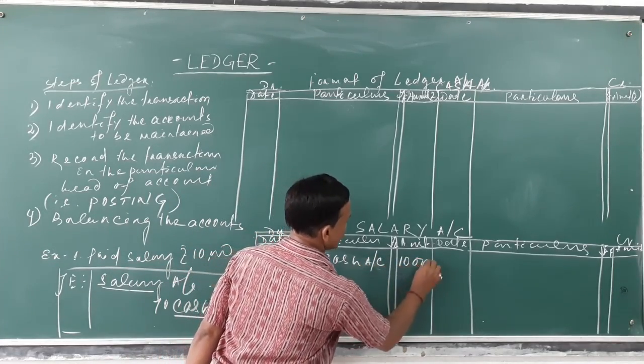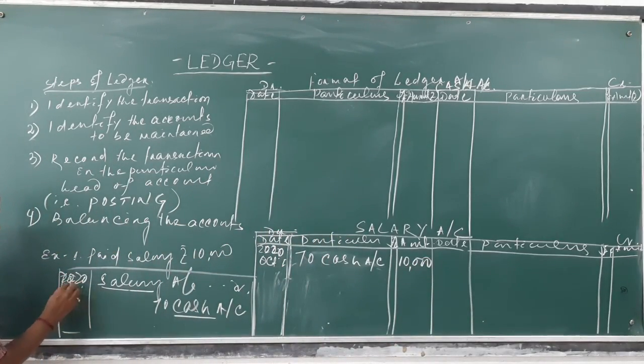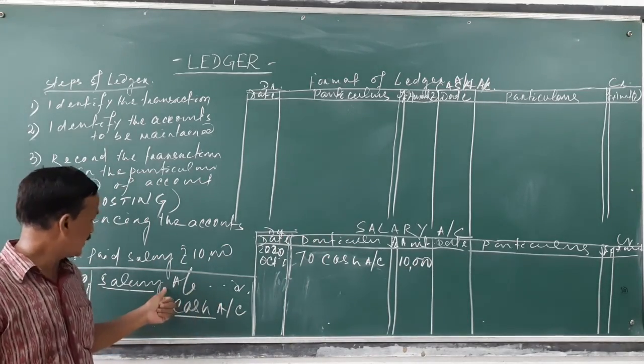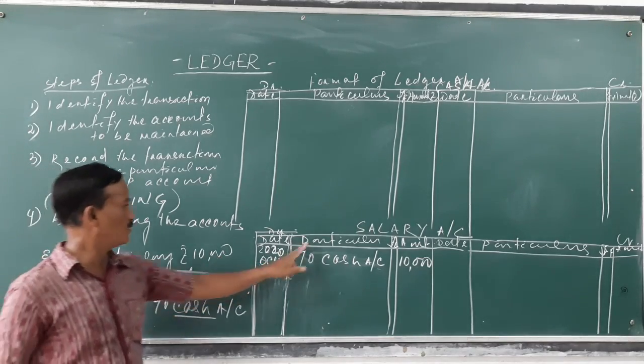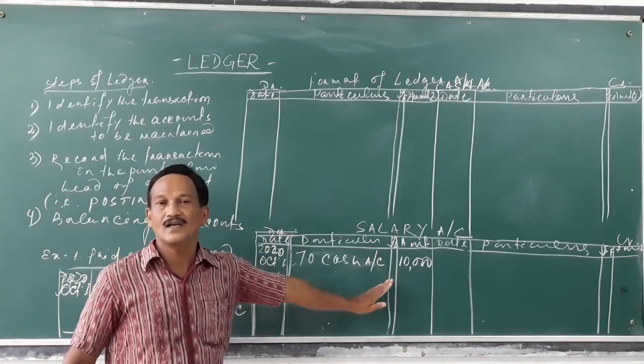The amount is 10,000. Salary is paid, so the salary account is debited with 10,000 rupees, on the debit side, to cash account.